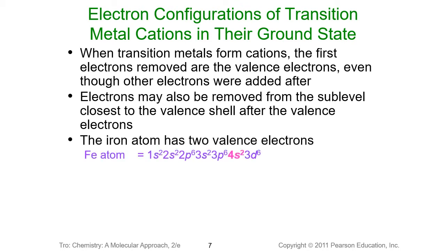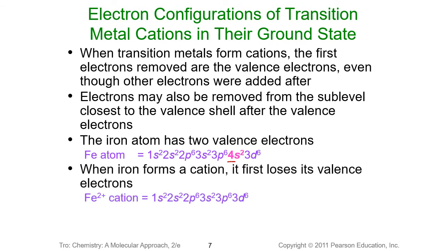So let's look at iron. Iron, when it is neutral, has 2 valence electrons. They are written 4s2, 3d6, but the 4s still has the highest number, which is 4. Those are going to be the electrons that are removed first. So when we form a +2 cation, those 4s electrons get removed.